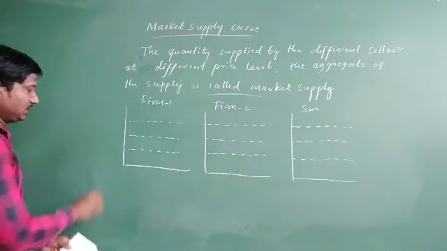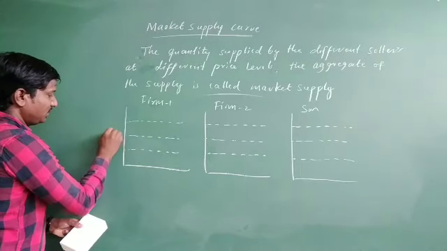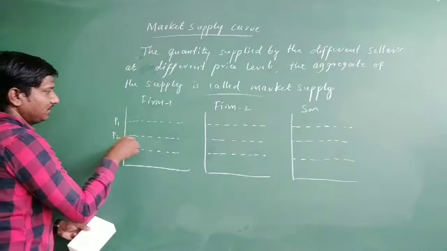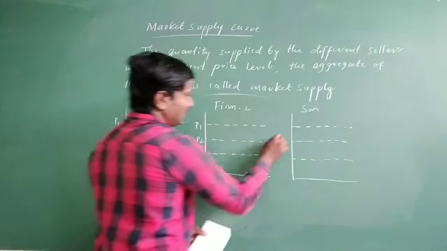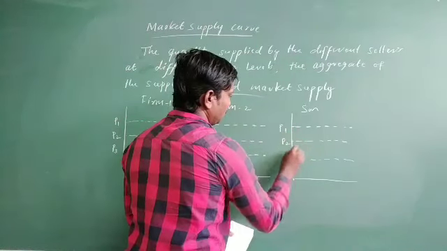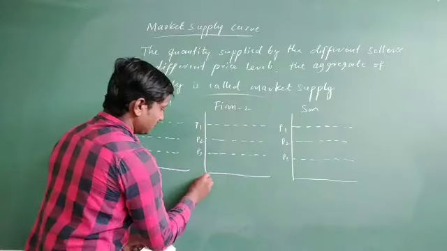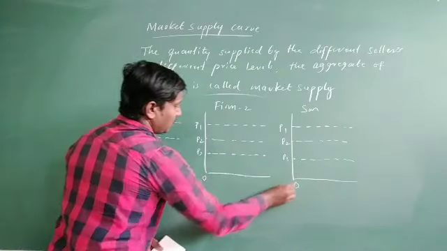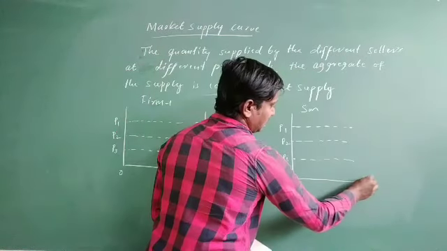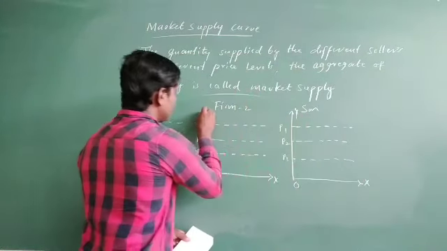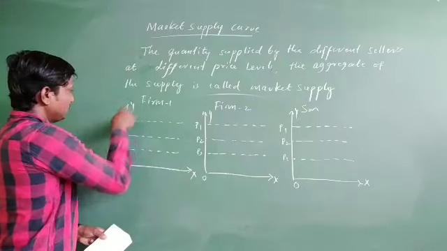Well, these are the different price levels. I can write here P3, P2, P1, and I also take P1, P2, P3, and here also P1, P2, P3. This is the origin O, and this is X, and this is X, and this is the Y axis, and this is the Y axis.